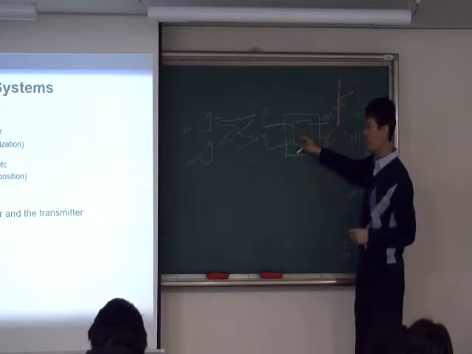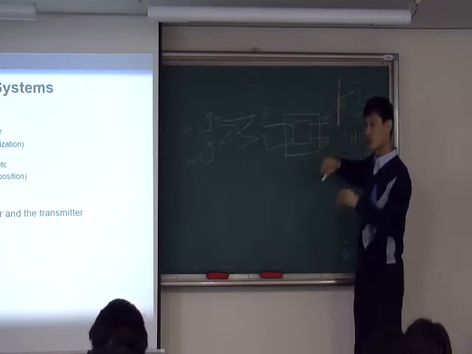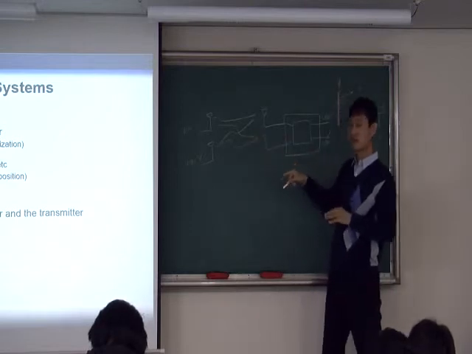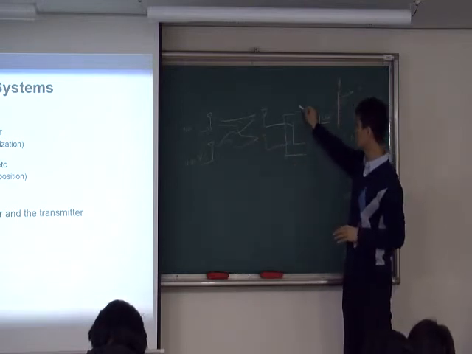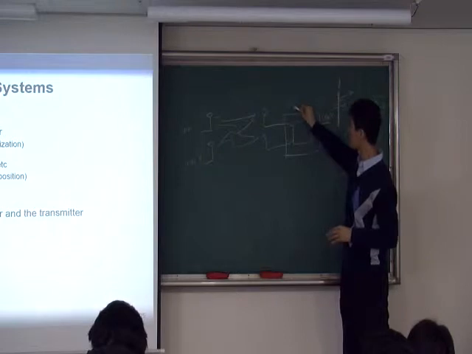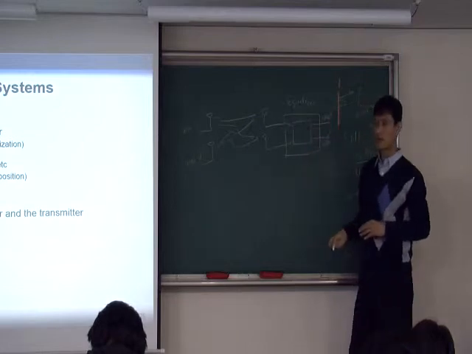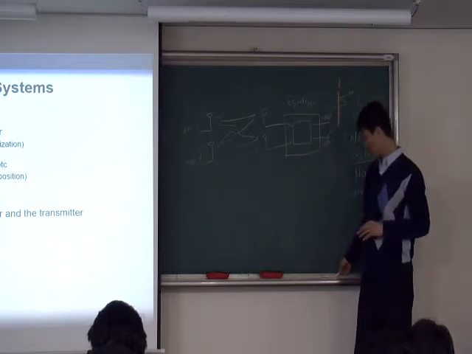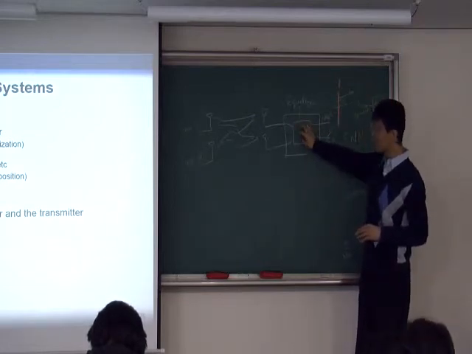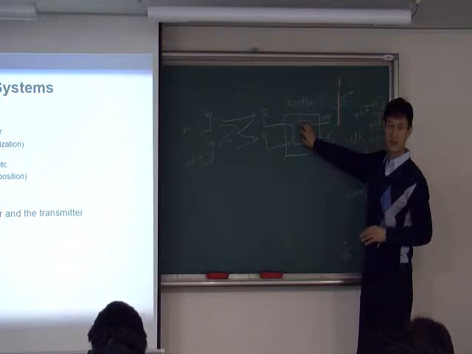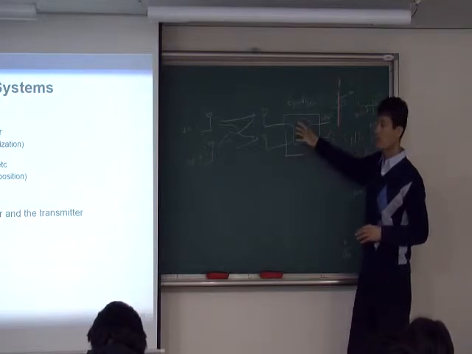This block, which removes this interference, is called the equalizer. This is the MIMO equalizer. Including the equalizer, this whole box is called the MIMO receiver. And there are many different techniques to do this MIMO equalization. There are many types of MIMO receiver.